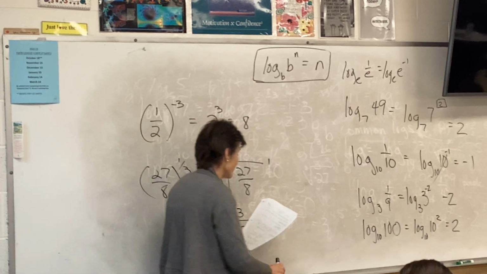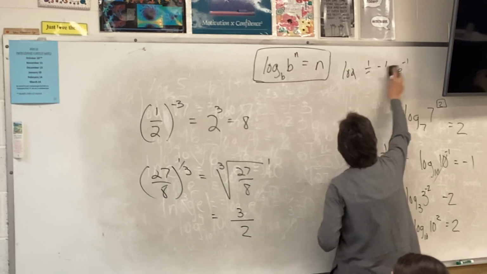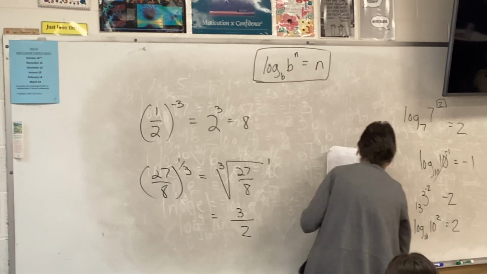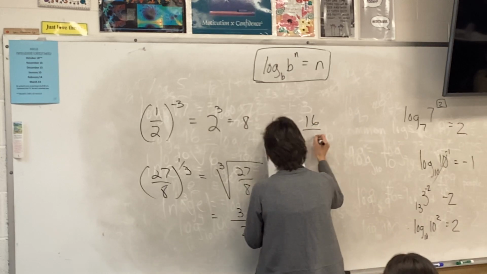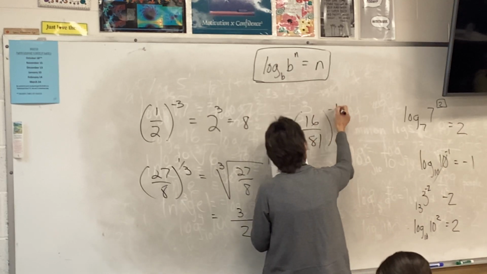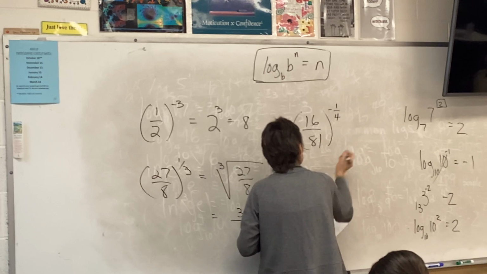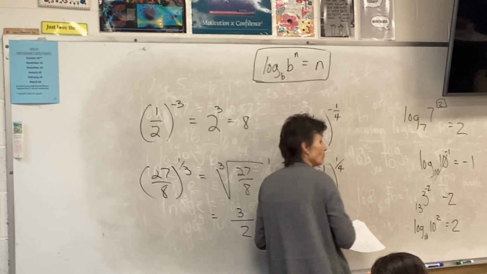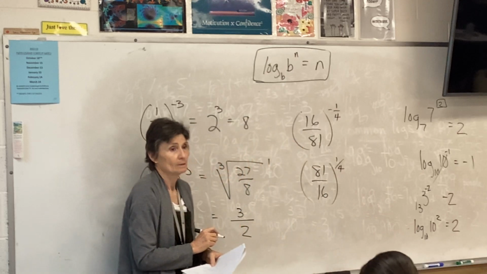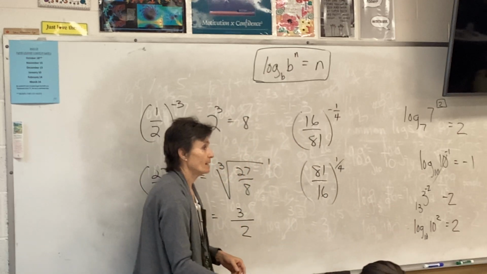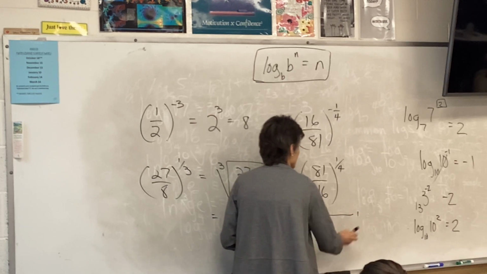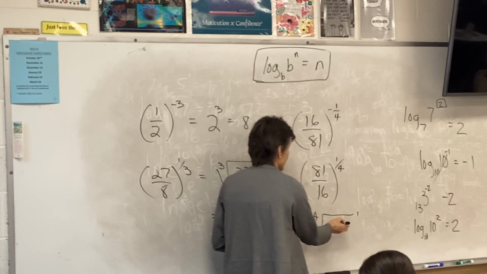All right, 16/81 to the -1/4. So what do I do first? Flip the fraction, not the exponent. The exponent just becomes positive. So 81/16 to the 1/4. That's a radical: 4th root to the first, and it's 81/16.